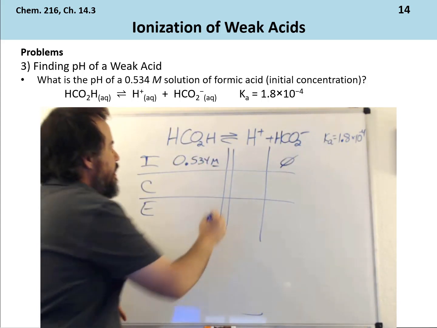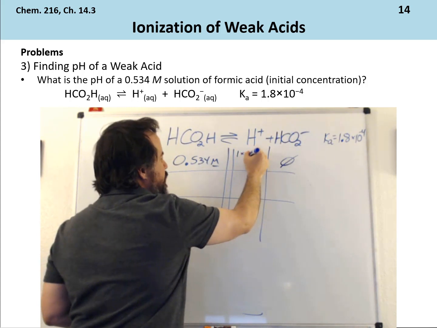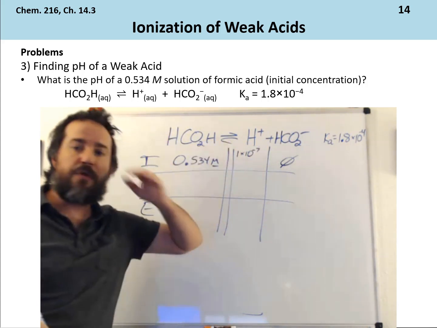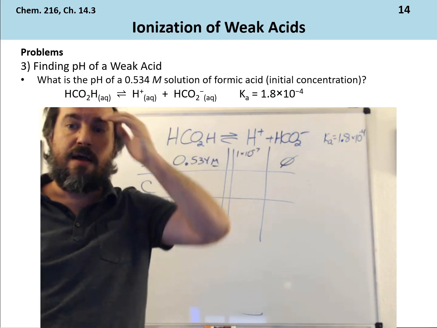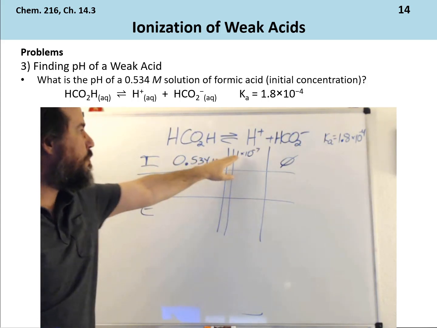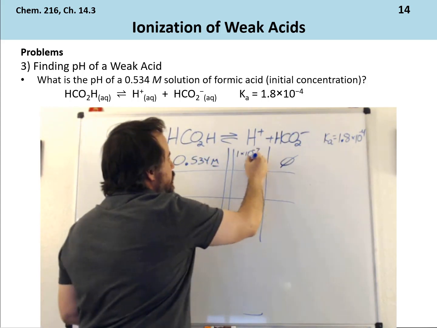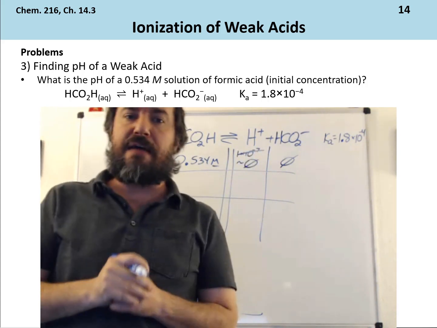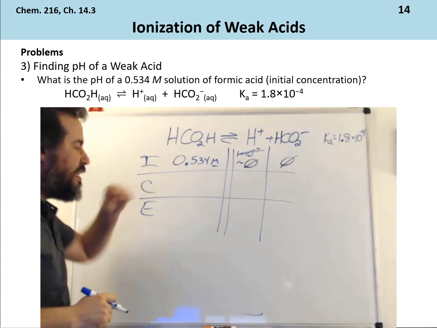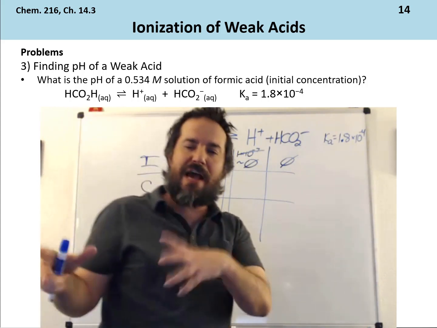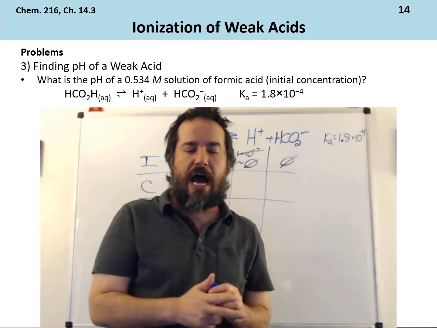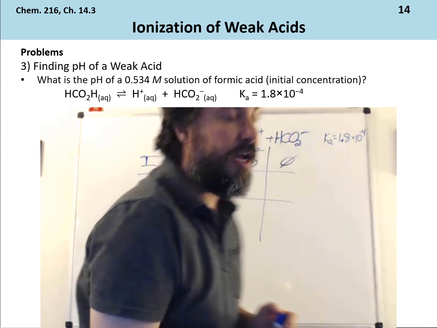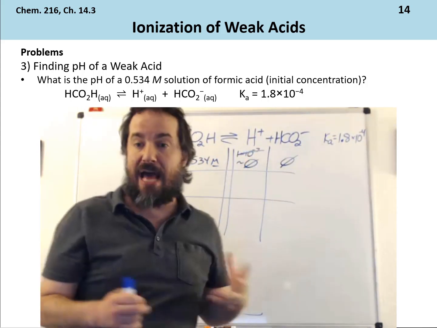And then I do actually start off with some H plus. I start off with 1 times 10 to the minus 7. But that number is small enough that we're going to assume it's 0. Okay? It just makes life easier. All right? And this is what I've been talking about. We have to assume that water ionization is negligible. Right? We have to assume that this doesn't matter.